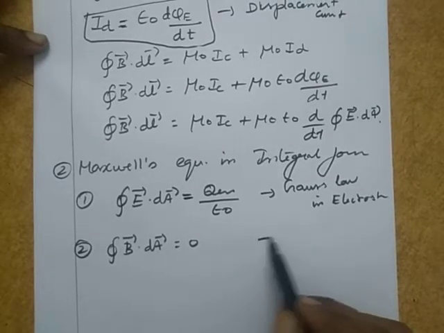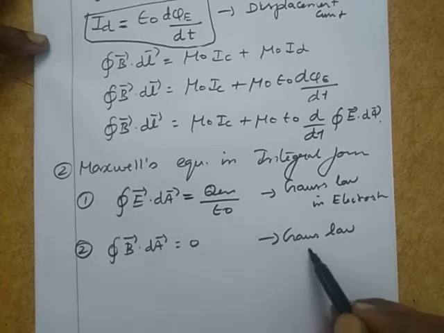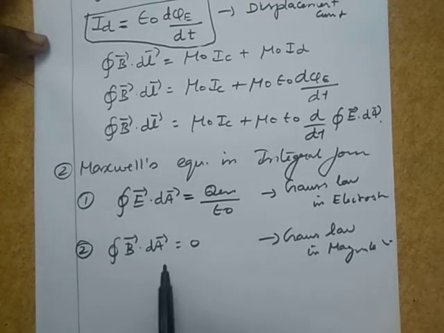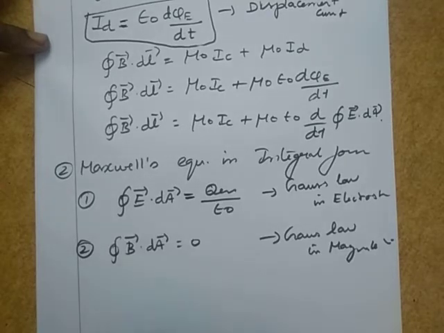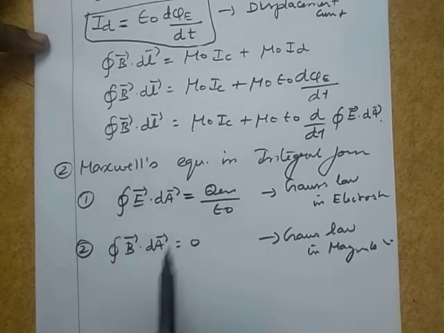This is Gauss law in magnetism. This law states that a monopole does not exist. There is no separate north pole or south pole. So the first one says monocharge exists, and here, monopole does not exist.